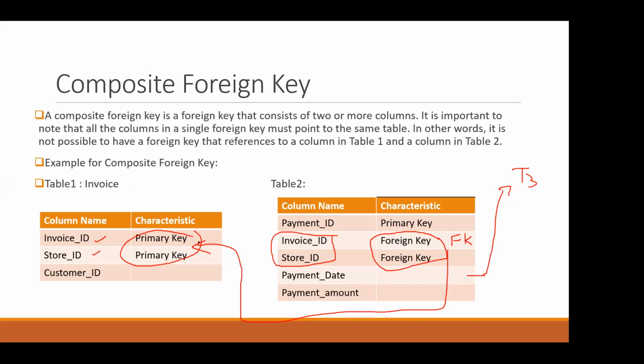So one table can have many foreign keys, but at any time only one primary key. So here it is a composite primary key, and here it is a composite foreign key, or we can say compound key, because we are using two column names together.